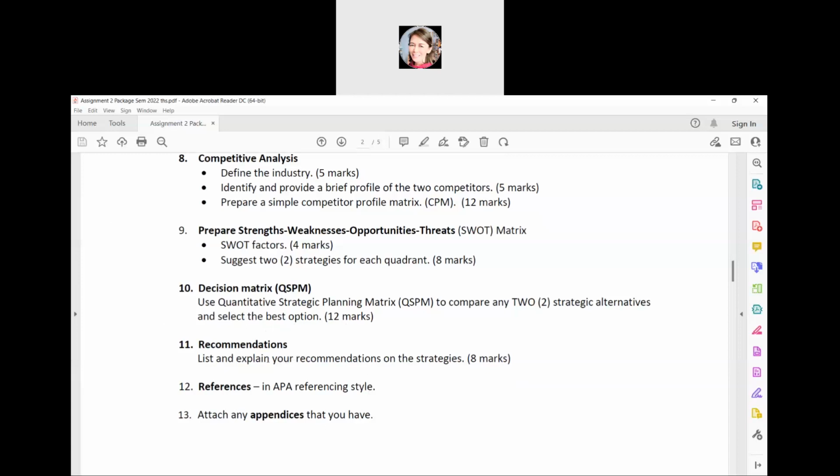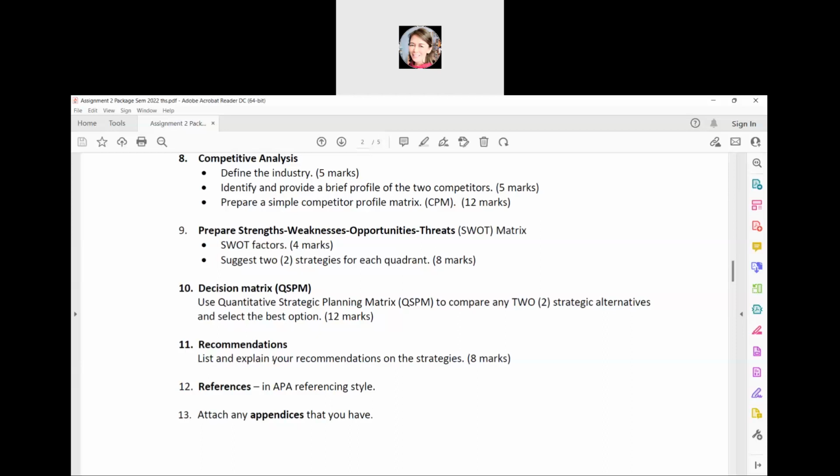For example, pursuing, let's say, increasing market share in the China market. What are your recommendations?